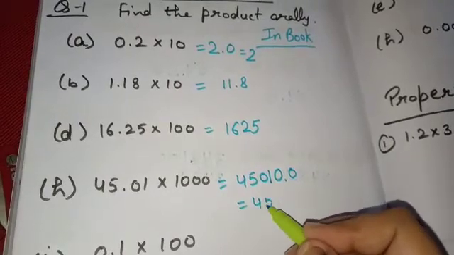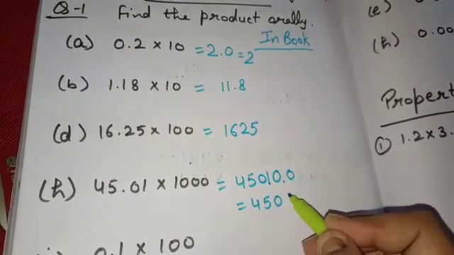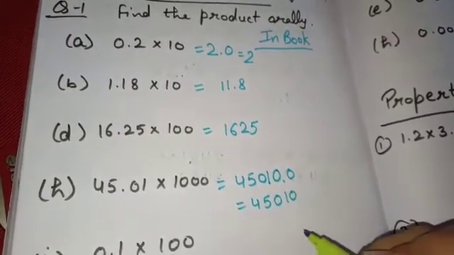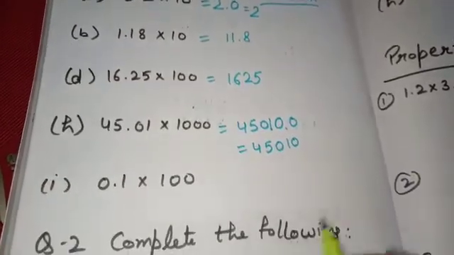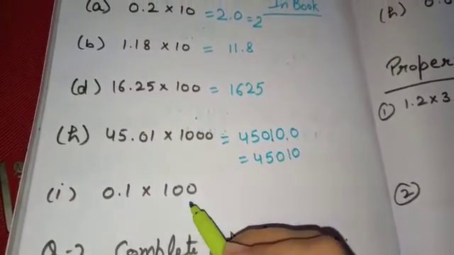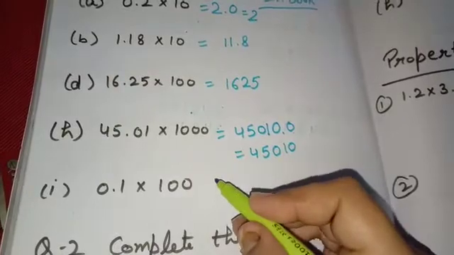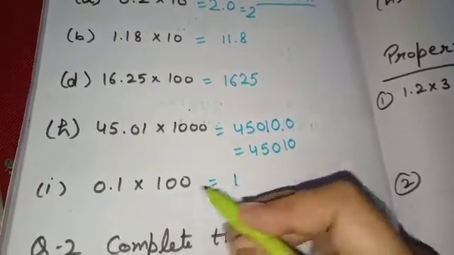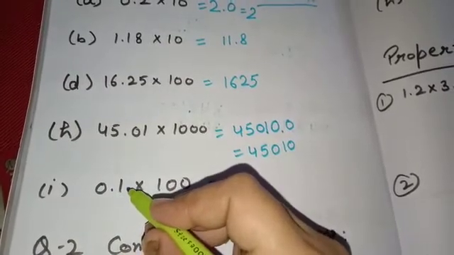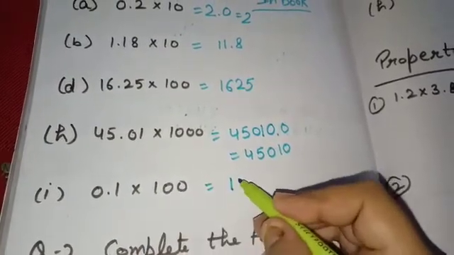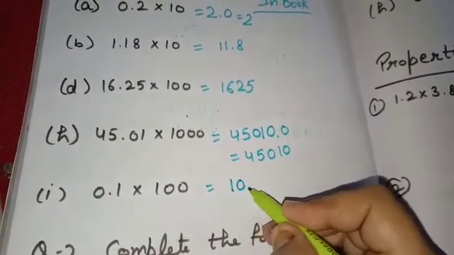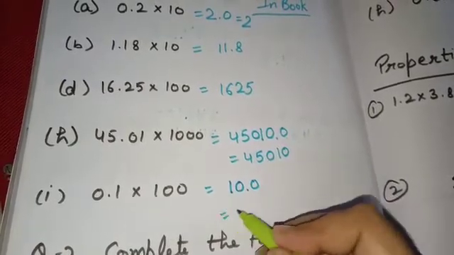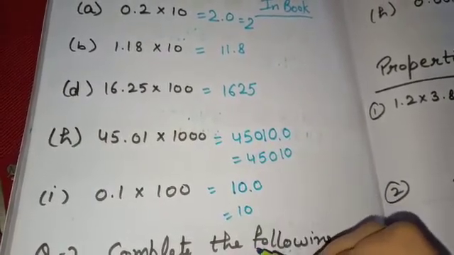It means it can be written as 45,010 only. Okay. I part of the question is, here we have two zeros, then 0.1 multiply by 100. So it will shift one digit, one more digit required. So we will add one zero here. 10.0 means 10 is the answer.